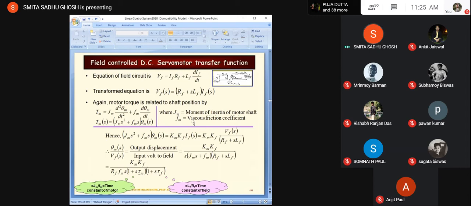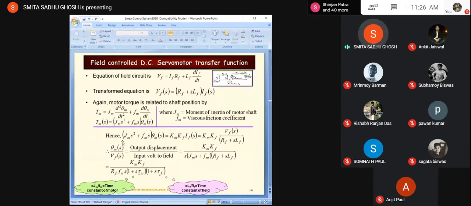So now again, since we are interested in Vf(s) and not If(s), we try to write If in terms of Vf. For that we take this equation. So If would be replaced by Vf by (Rf plus s Lf), and that is what has been done over here. So here now we have got an expression connecting theta m on one side and Vf on the other. So we try to write that in transfer function form, which is pretty trivial.